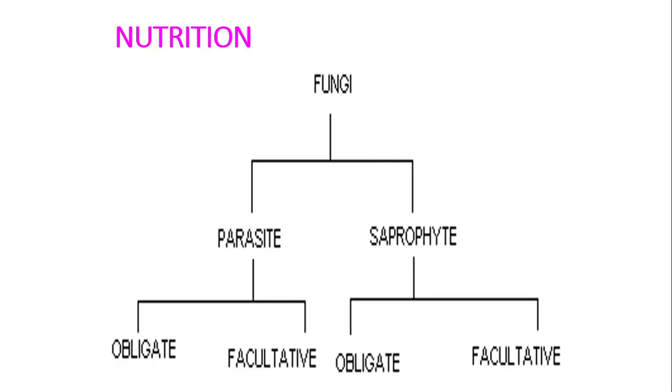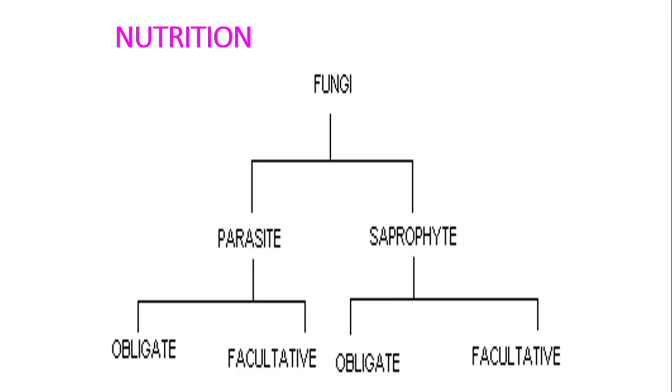So if we talk about different categories of fungi on the basis of nutrition, there are mainly two categories, because these fungi are heterotrophs and they cannot prepare their own food, and they are dependent for their food on other organisms, or they get food from the dead organic matter.